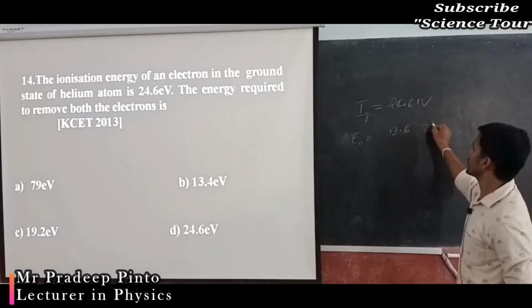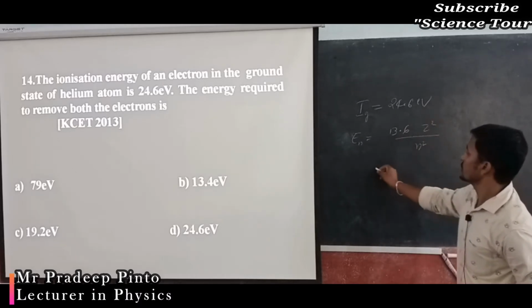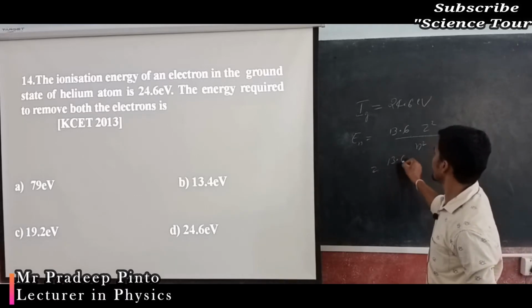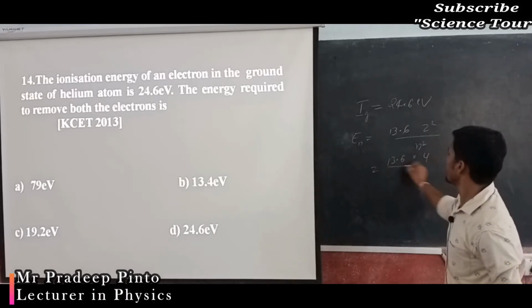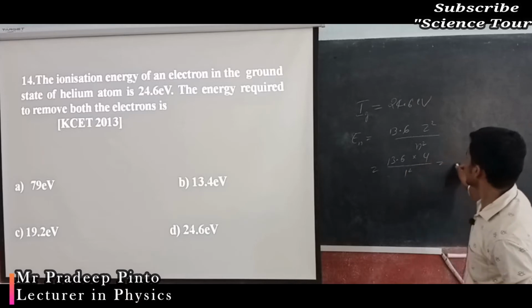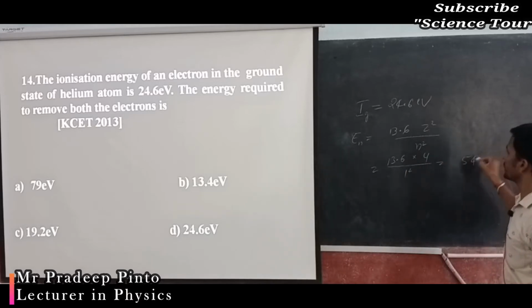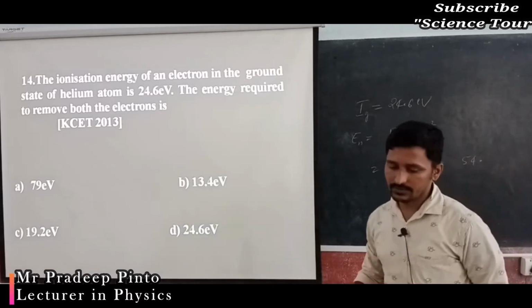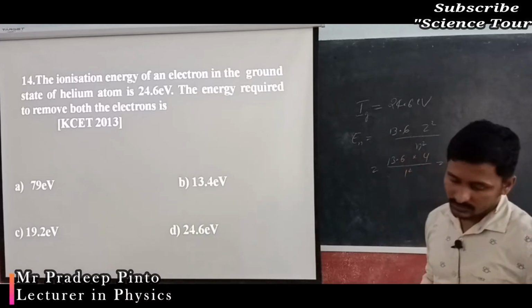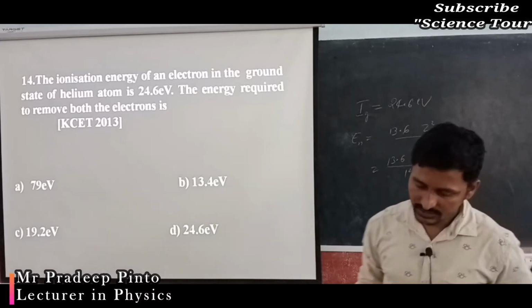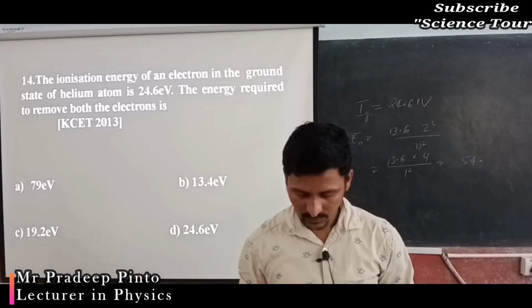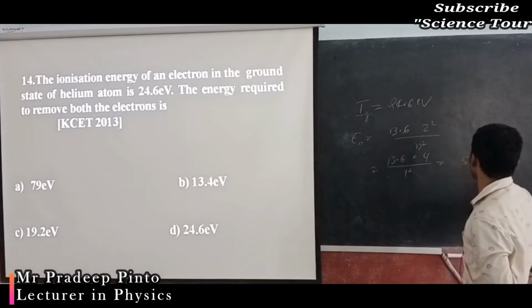So 13.6 into Z square divided by n square, which is equal to 13.6 into 4 divided by 1 square, which is equal to 54.4 eV. So what is the value you are going to get? That is nothing but 54.4 eV you are going to get here.